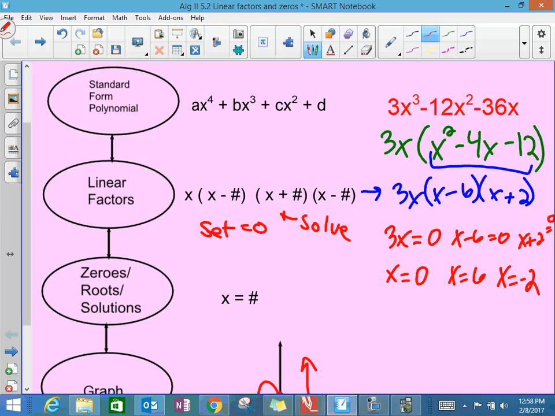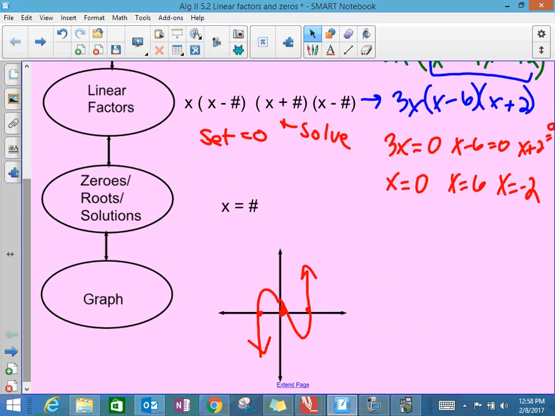Now, if we're going to graph, and we'll graph next year more in pre-calc, then these solutions actually become points on the graph, and we could do a little more analysis and connect them the way they need to be connected. Okay? So exact same relationship through each stage that we have with quadratics happens with polynomials.